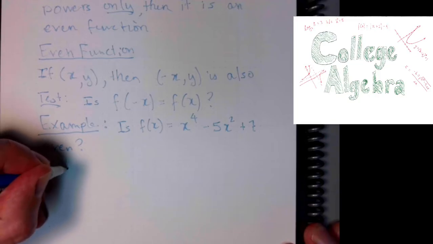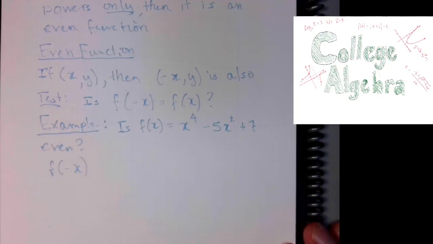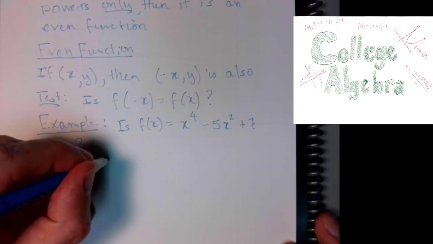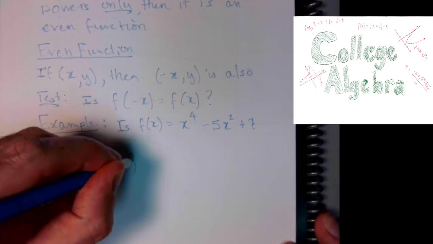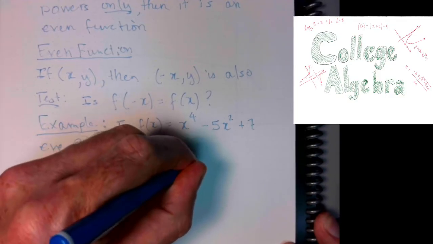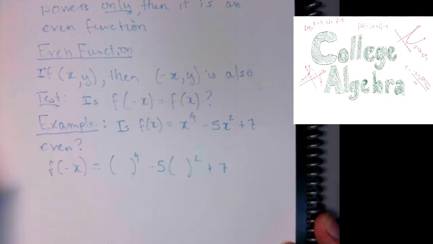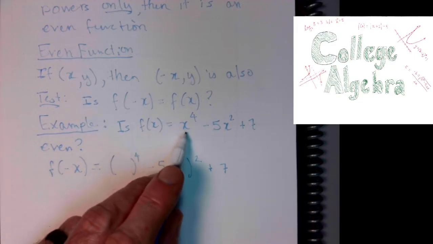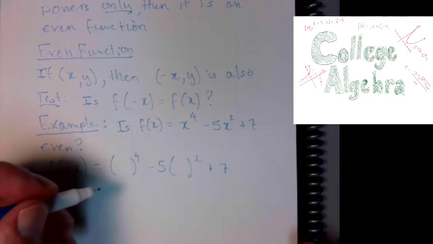We do f of negative x. And this is where the knowledge of function notation that we discussed in the first week of this course comes in handy. Remember, when I first introduced function notation, I encouraged you to replace these x's with blanks.